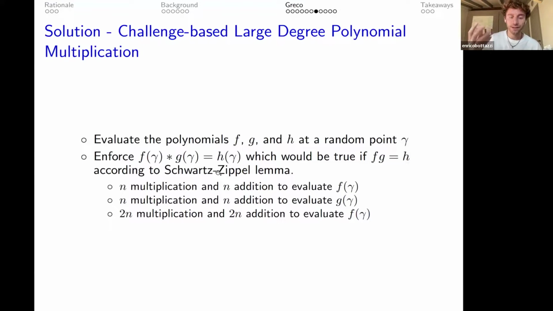You can sample a random point gamma, evaluate each polynomial at this random point gamma, and check that the equality holds true when the polynomials are evaluated at gamma. And this makes things much faster because we now get a linear complexity, O(n), where n is the degree of the polynomial.